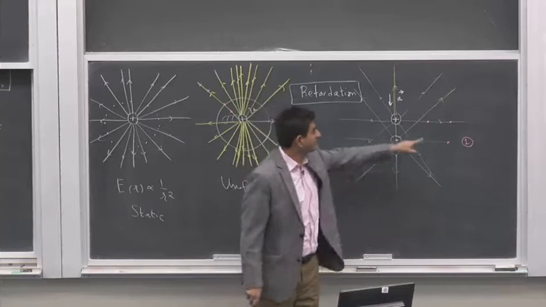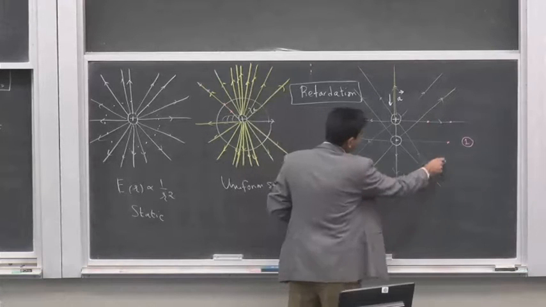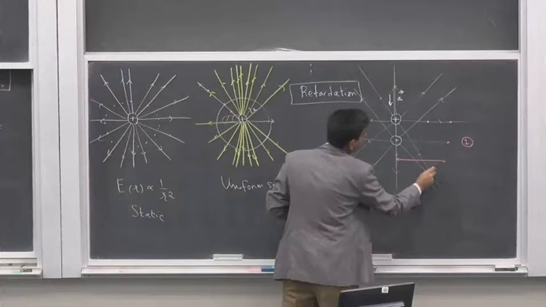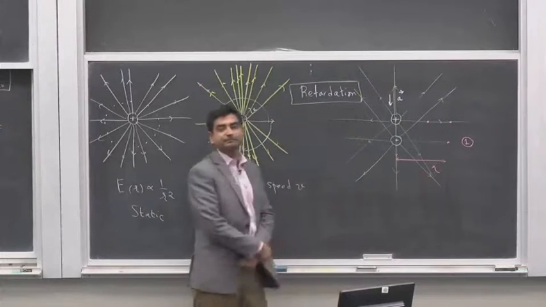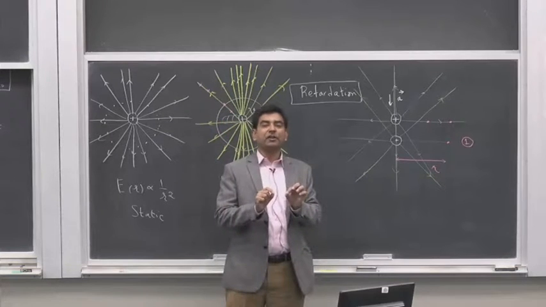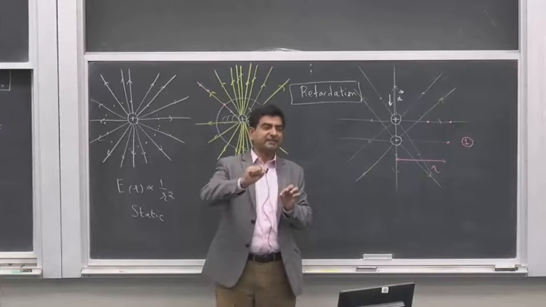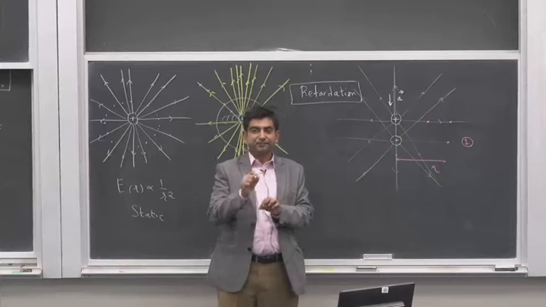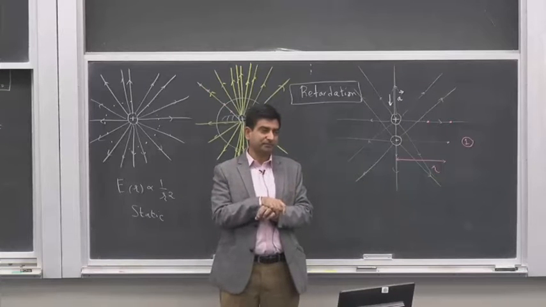Now this observer is at a certain distance r from the charge. The information for an electric field transmits at the speed of light. This process is called retardation.